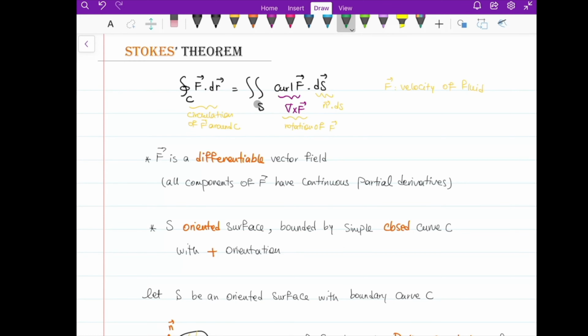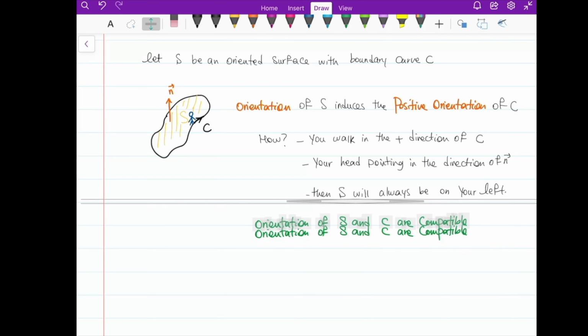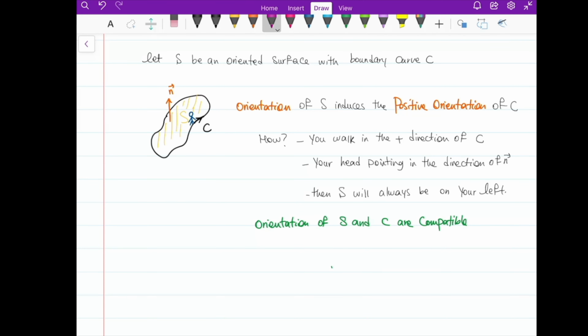So the orientation of S and C should be compatible, which means that if you walk along the positive direction of C such that your head is in the direction of N, then the surface S would be on your left. Let's look at some examples to see how we can find that.